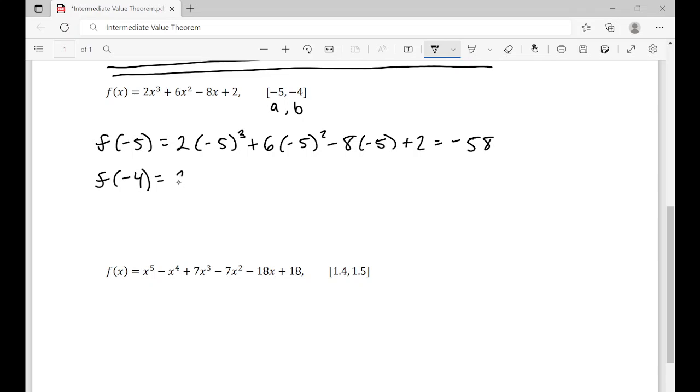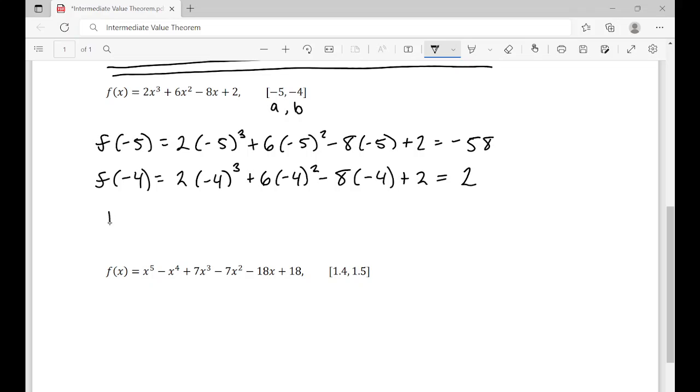Now we're going to do it again for f of -4. And we're going to get 2 times -4 cubed plus 6 times -4 squared minus 8 times -4 plus 2. And that works out to just be 2. So again, a negative and a positive.